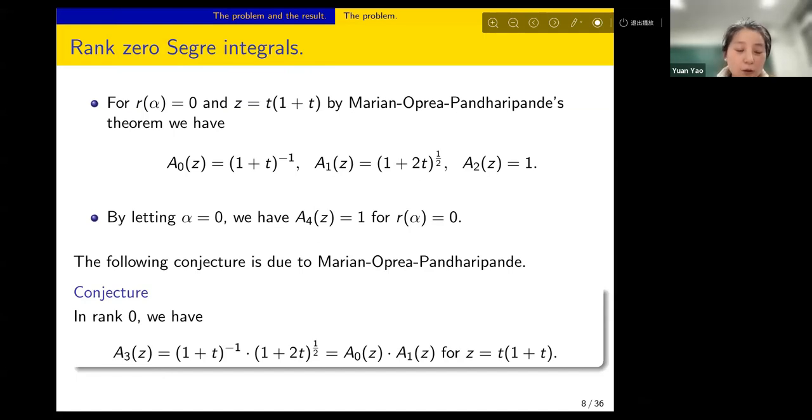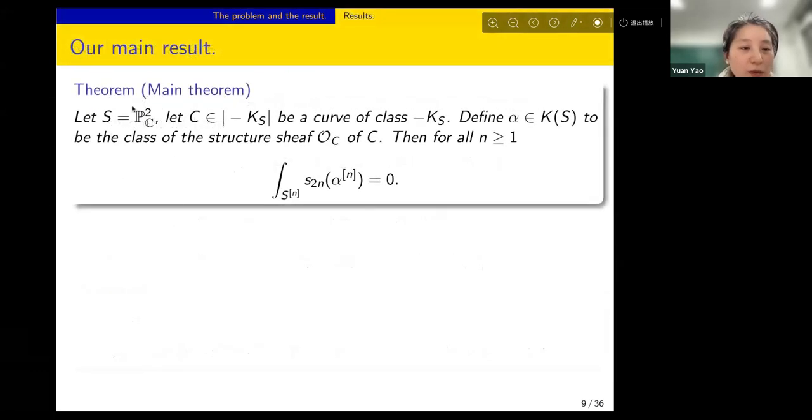You get the whole Segre series for a chosen surface, then you get all these series. Since they are universal, they don't depend on the surface. So I choose the surface to be P2, so very easy. And we choose the anti-canonical class divisor.